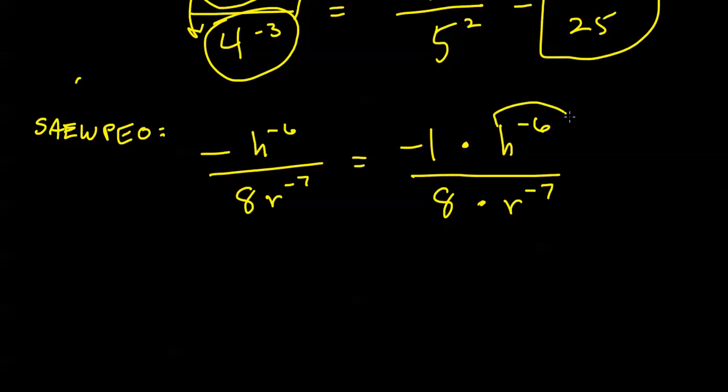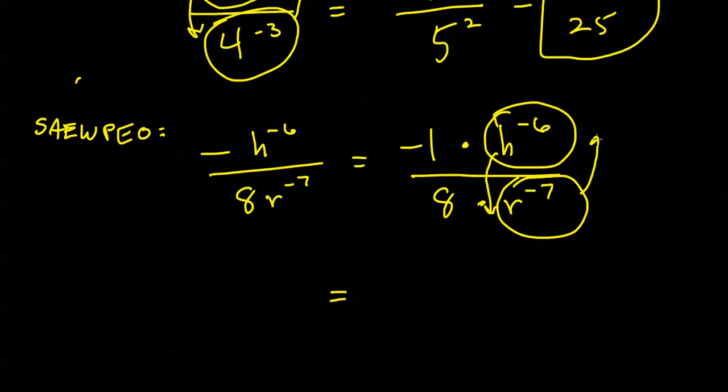What I can do is move the h to the minus 6 to the denominator as h to the 6th, and move this r to the minus 7th to the numerator as r to the positive 7th. Now don't forget about those factors of minus 1 and 8 in the numerator and denominator respectively, right?